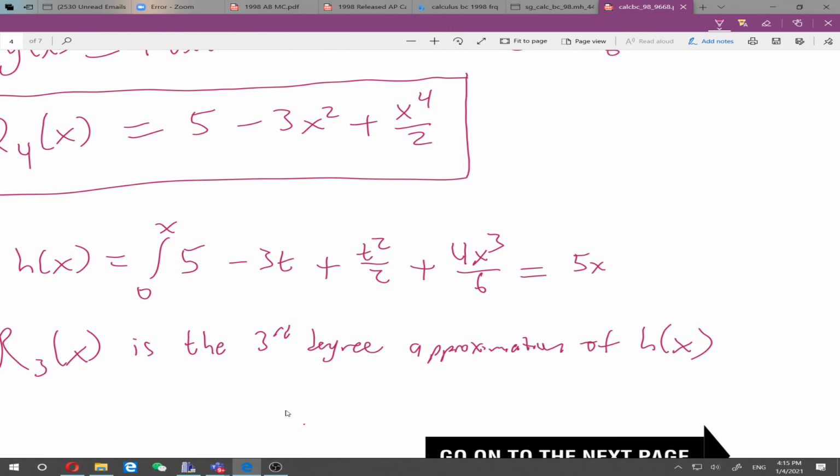I like your call better. Okay, so 5t minus 3t squared over 2 plus t cubed over 6, plus 4t to the fourth power over 10.